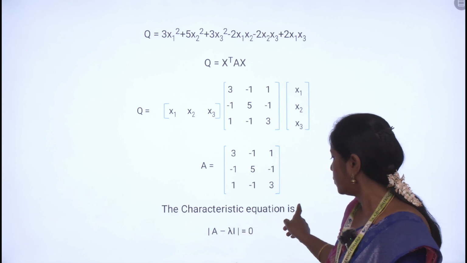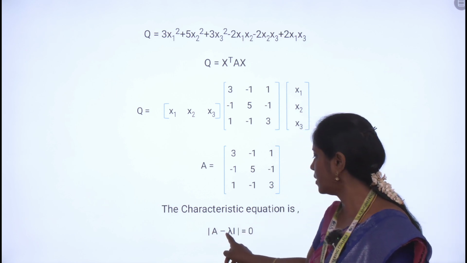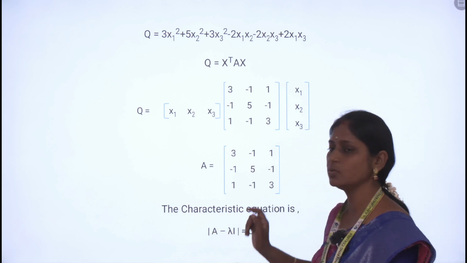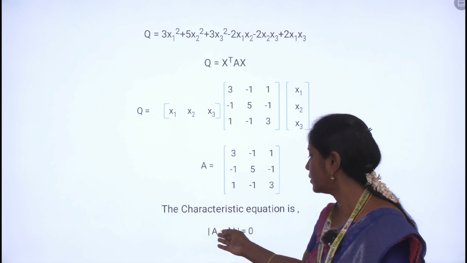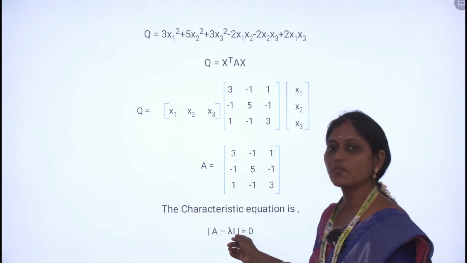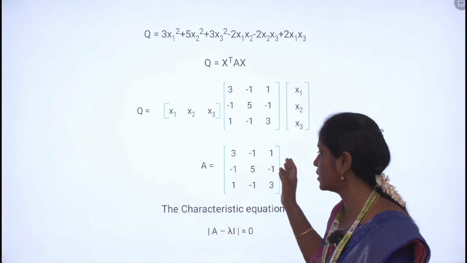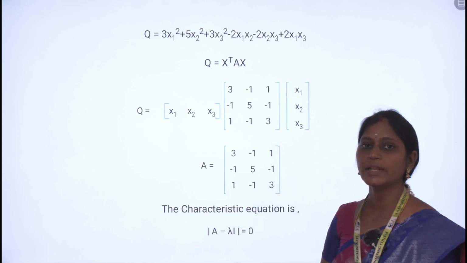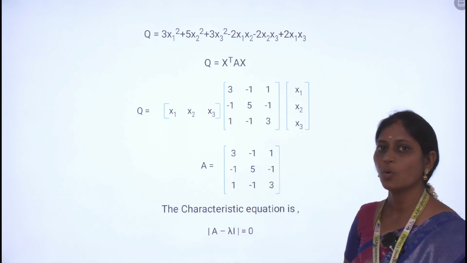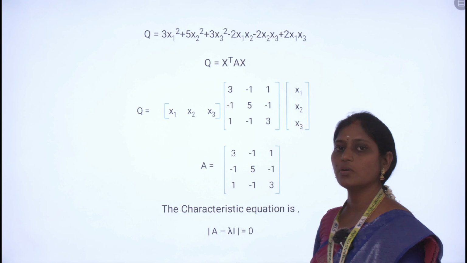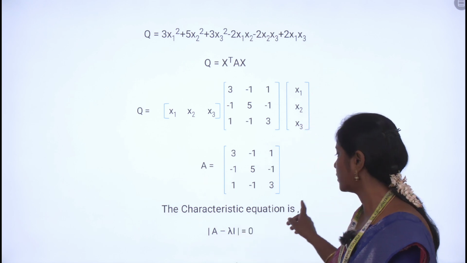The characteristic equation is determinant of A minus lambda I equal to 0. We know the value of A, and I stands for the identity matrix. Here we have taken a 3 cross 3 matrix, therefore the identity matrix is [1 0 0; 0 1 0; 0 0 1].